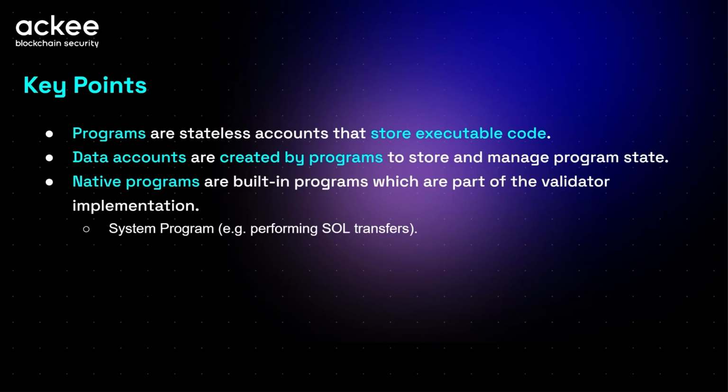If you want to transfer Solana from your wallet to the wallet of your friend, the wallet app under the hood needs to create a transfer instruction for the desired amount of lamports you would like to send.